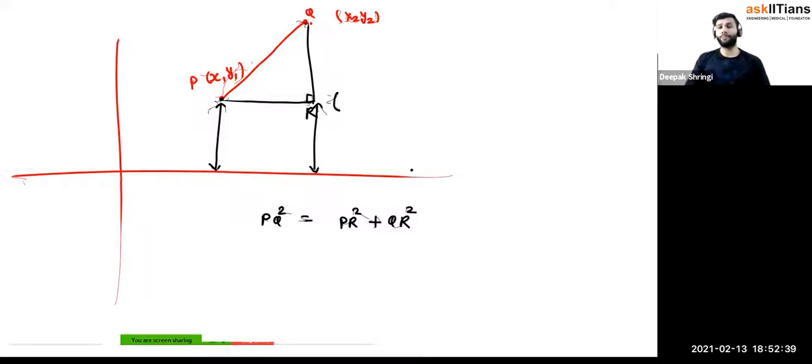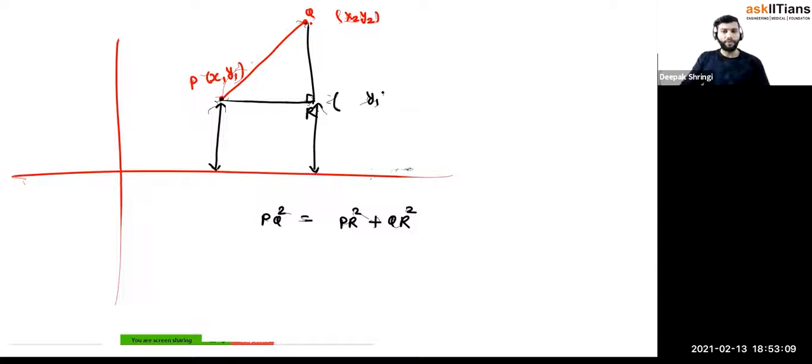If the distance from the x-axis is the same, that means their y coordinates are the same, because we have learned that the distance from the x-axis is the y coordinate. So for both the points, the y coordinate is going to be the same. For the point P, the y coordinate is y1. In the same manner, for the point R, the y coordinate is what?